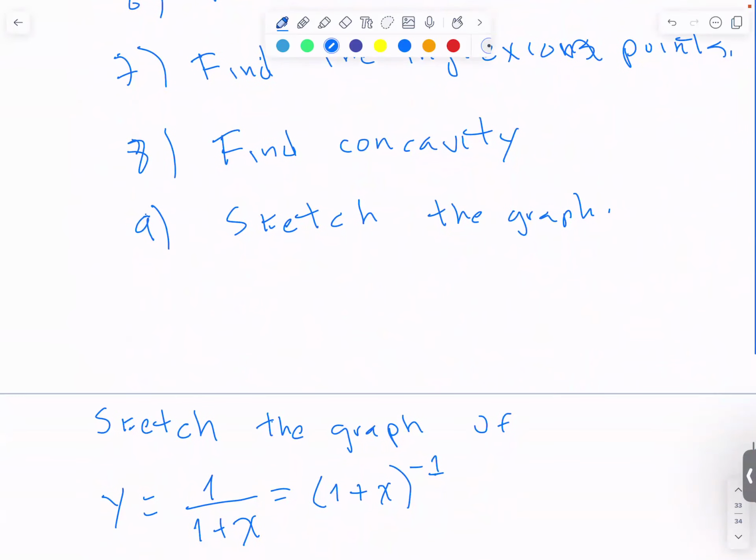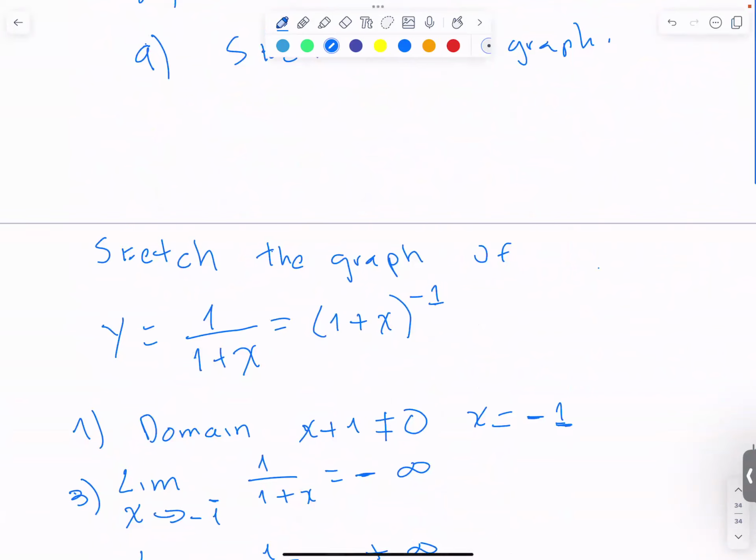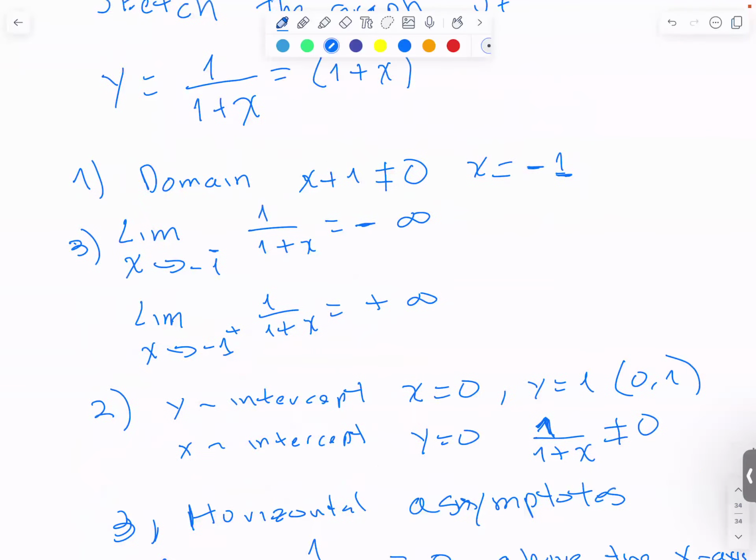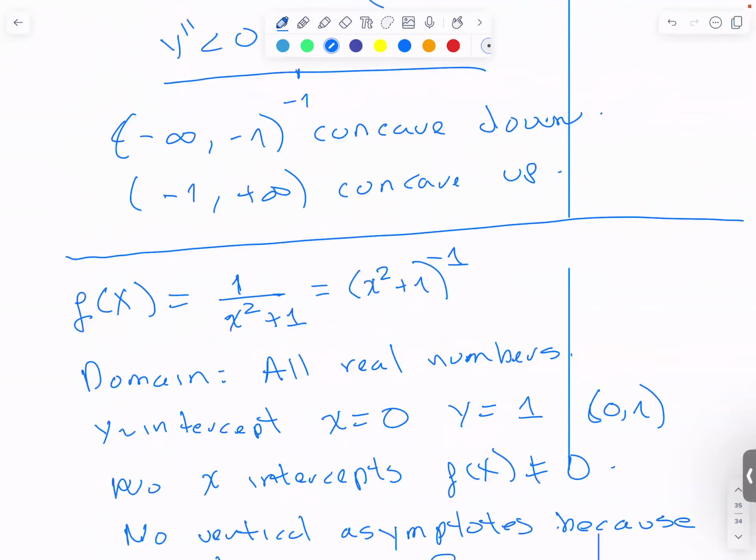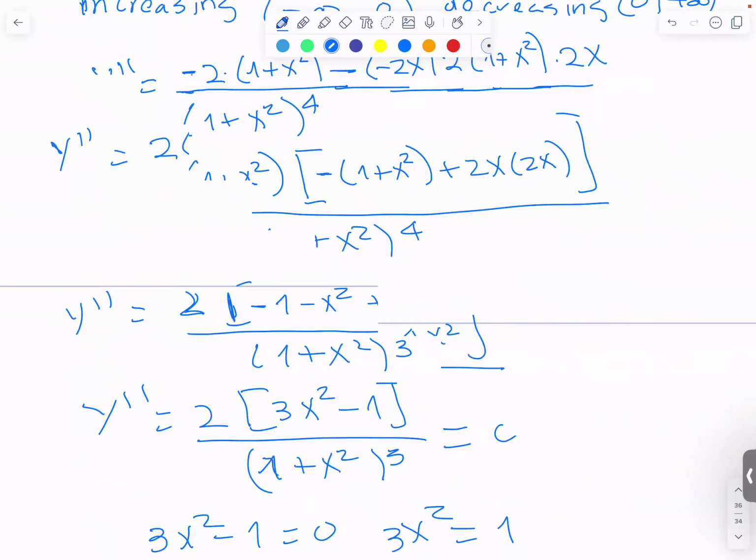That doesn't mean you have to do all the steps, because sometimes with 4 steps you can already sketch the function pretty accurately. Now, thank you for listening to the video.